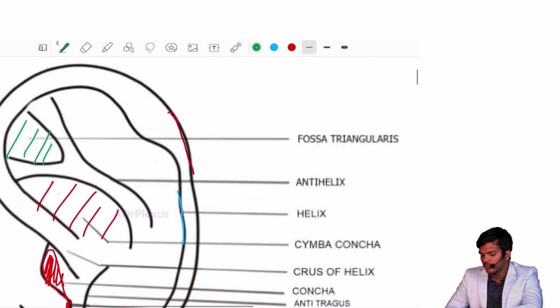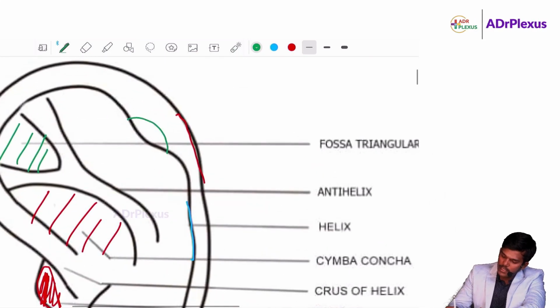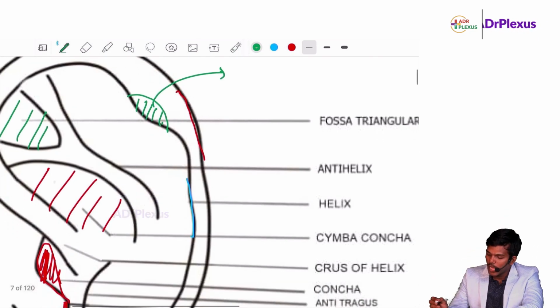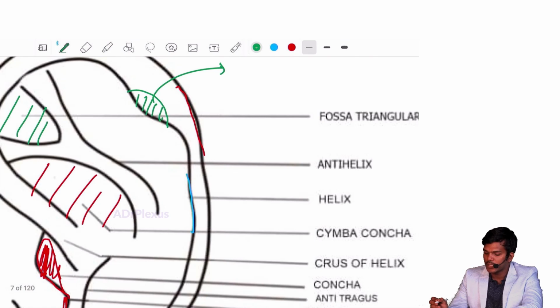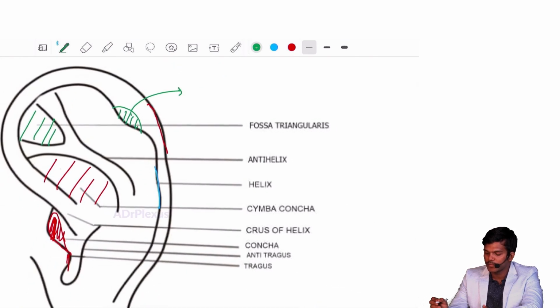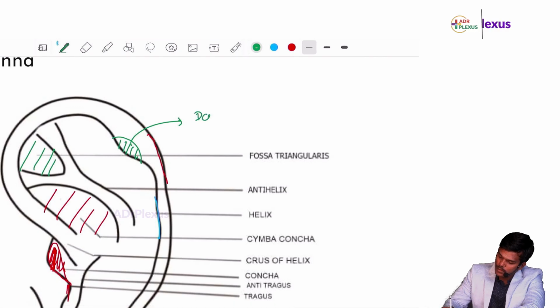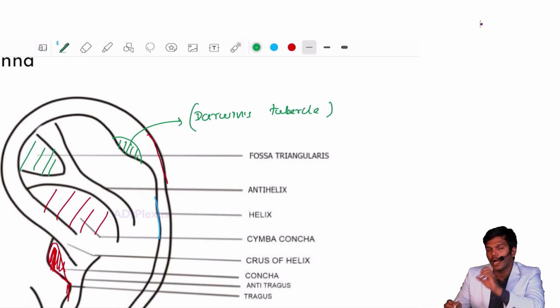Now some anatomical variations. See, there is a small deflection of the helix. Okay, that is called Darwin's tubercle. This is a normal anatomical finding, it has no clinical significance, it is just a name given.